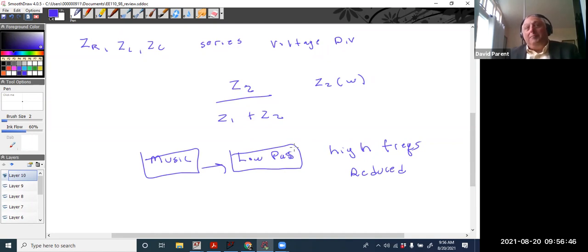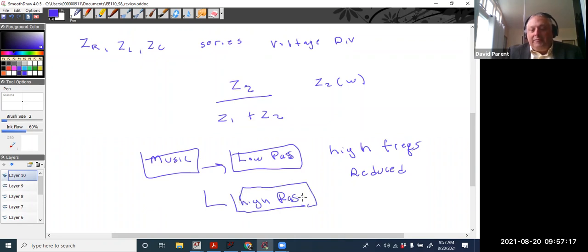So high pitched sounds, if on average female voices have a higher frequency than male voices, you're attenuating the female voices, and you're keeping like the bass line. But if you put that into a high pass, meaning it lets the high through, low frequencies are reduced, so it gets rid of that bass.